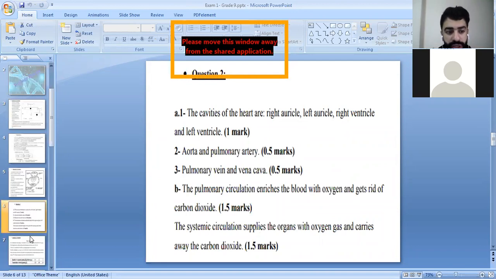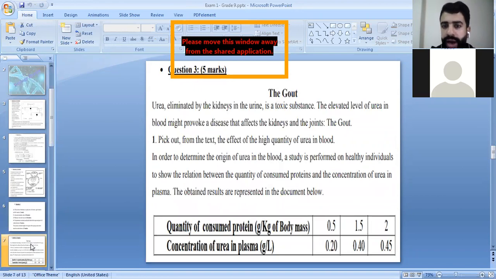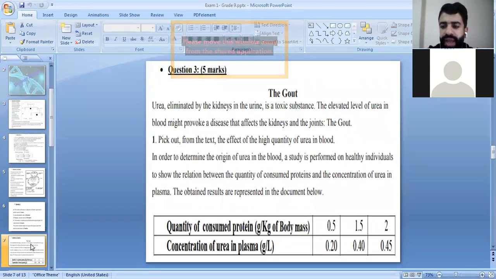Moving now to question number 3, the gout. Urea eliminated by the kidneys in the urine is a toxic substance. The elevated level, the high level of urea in blood might provoke a disease that affects the kidneys and the joints, the gout.